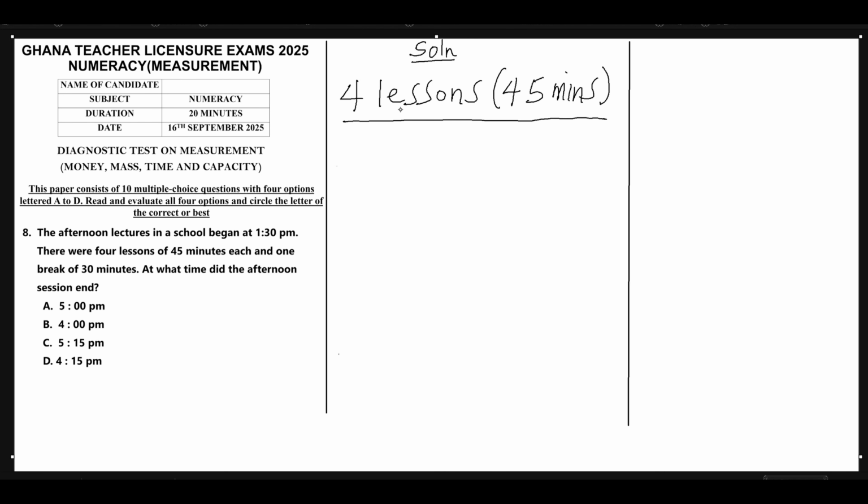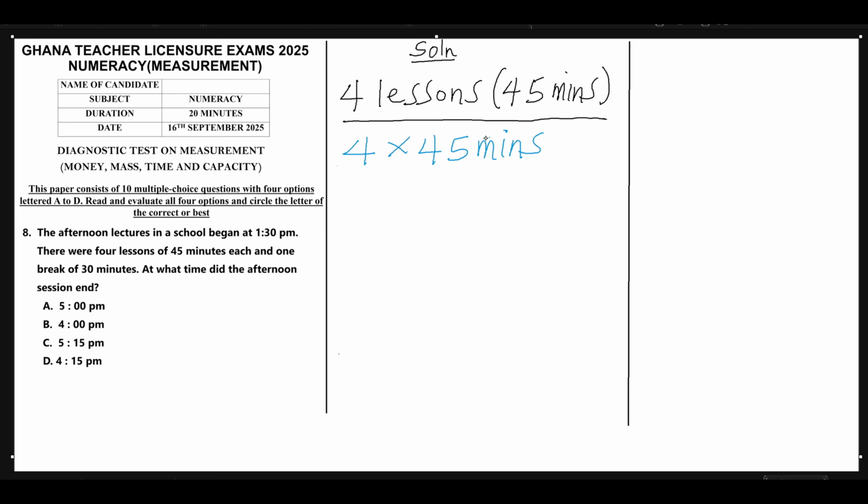So if one lesson takes a duration of 45 minutes, then 4 lessons would take a duration of 4 multiplied by 45 minutes.